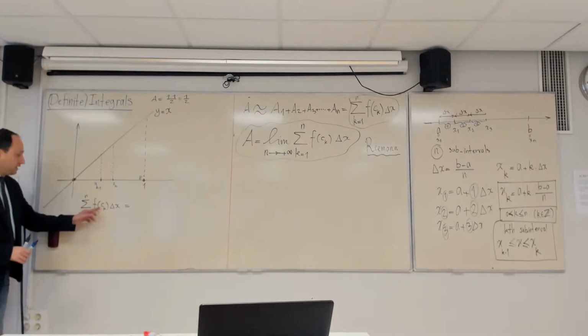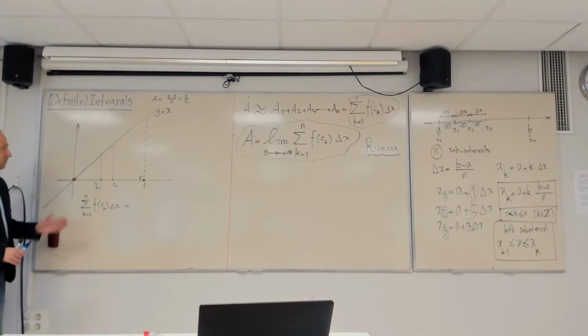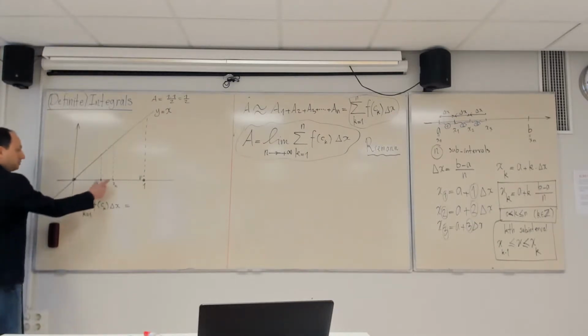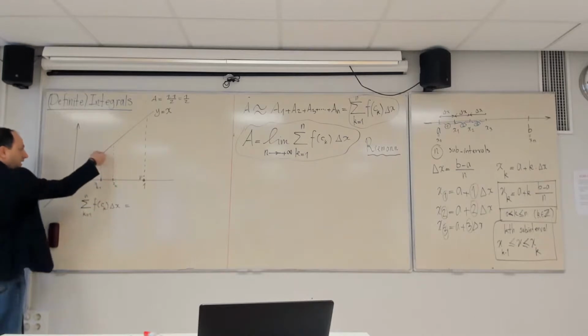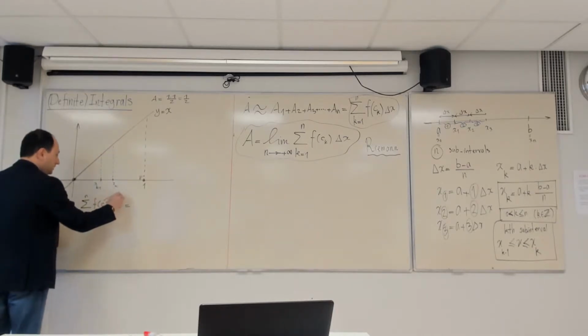F of c of k. Do you remember I told you that c of k is the number within the kth interval which gives me the minimum value? Because of the nature of this function, the minimum is attained when ck is equal to xk minus 1.